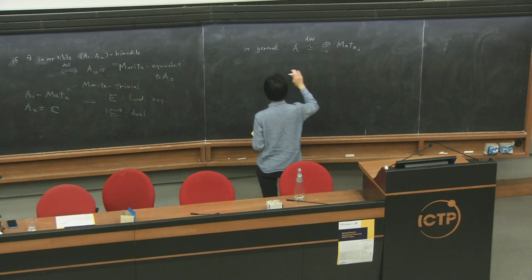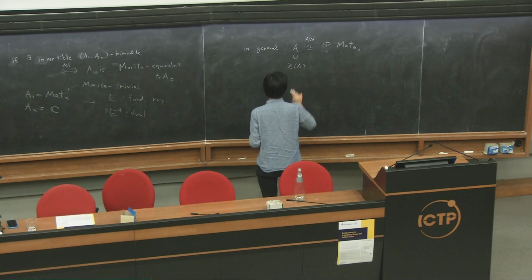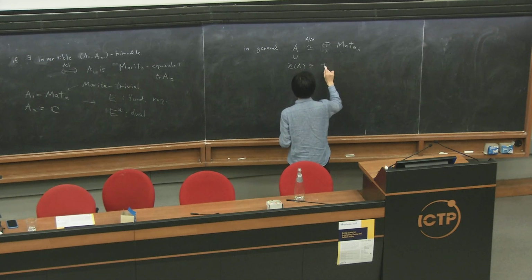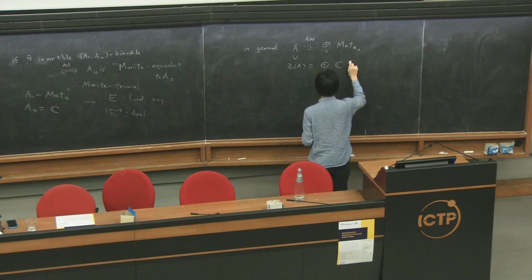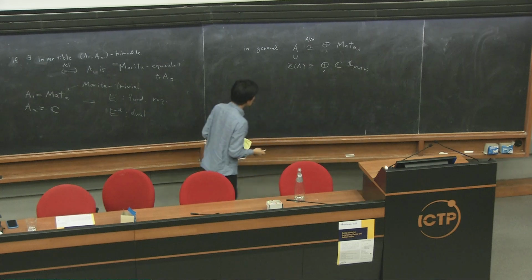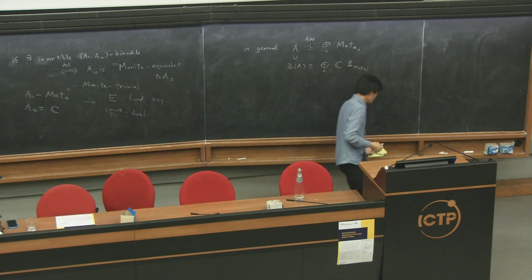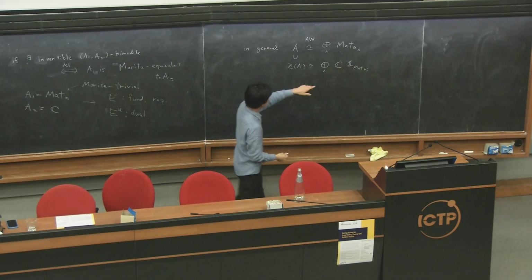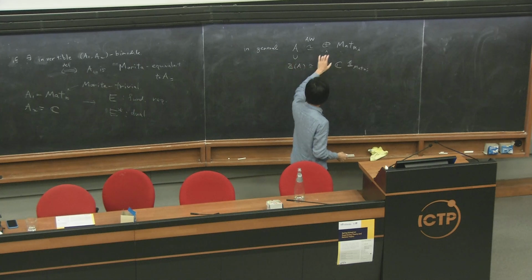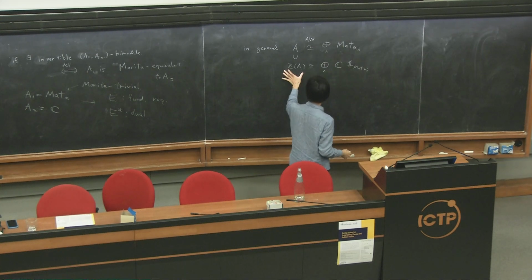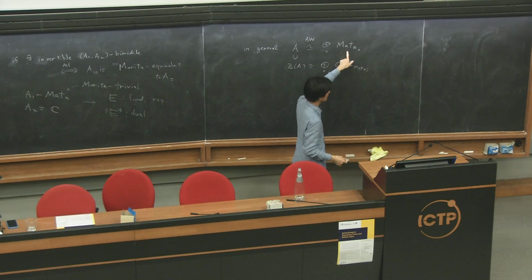Then there's a center, and the center is generated by C times the unit matrix in one component.